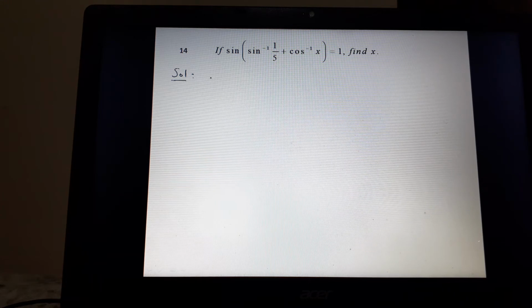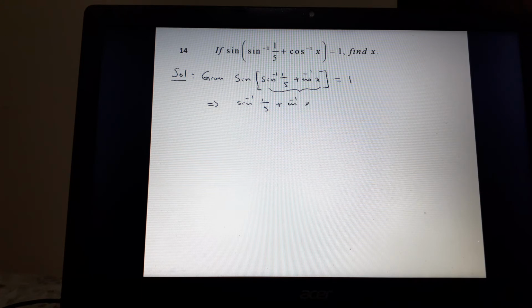See, what is given is sine of sine inverse 1 upon 5 plus cos inverse x is 1. So definitely this should be 90 degrees, because sine of 90 is 1. So sine inverse 1 upon 5 plus cos inverse x should be equal to pi by 2.